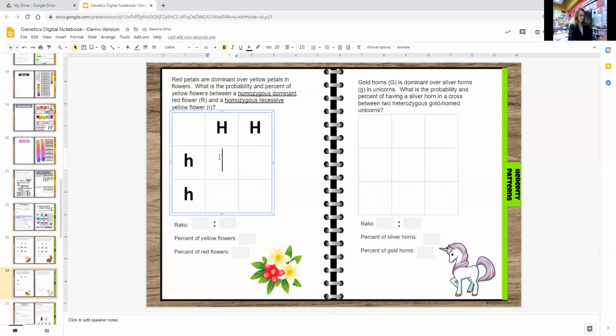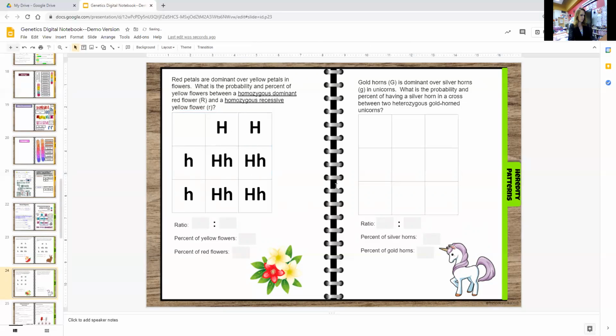So again, I'm going to drop my letters down. I'm going to bring them straight across. All right, my ratio, I want to know red flowers to yellow flowers. Remember red is dominant to yellow, so anything that has a dominant allele is going to be red.